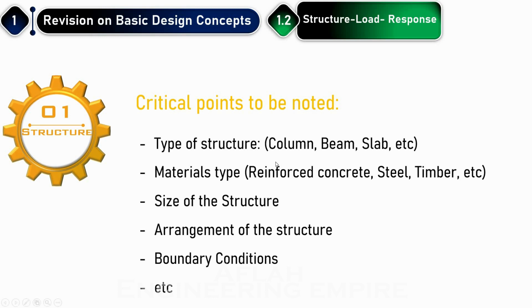This type of structure will guide you to the proper design of the element, because a column will be designed slightly differently than a beam, which will be designed differently than a slab. Each element must be known. Then the material type, whether it's reinforced concrete or another type of material. The size of the structure must also be taken into consideration. And the arrangement of the structure, whether it is vertical, horizontal, inclined, and so on, whether it's circular or what.